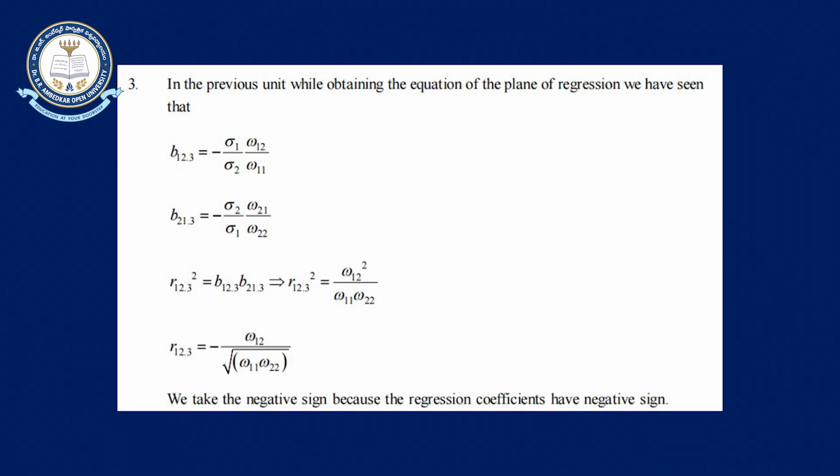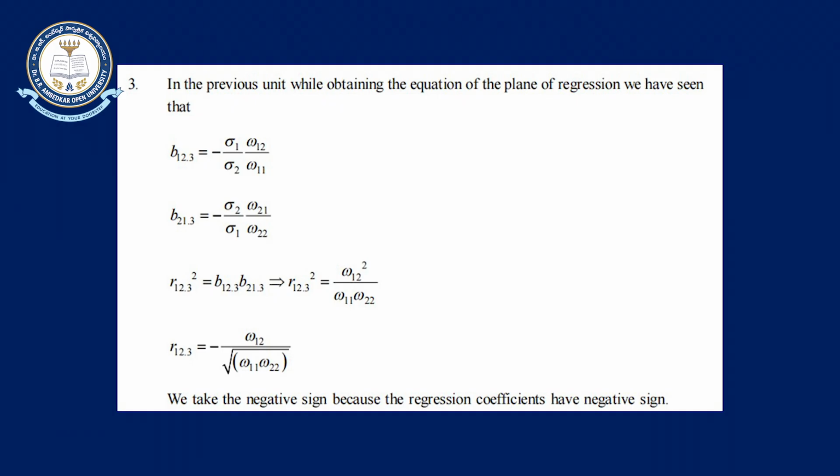B12.3 equals minus sigma 1 omega 12 by sigma 2 omega 11, and B21.3 equals minus sigma 2 omega 21 divided by sigma 1 into omega 22, and R12.3 whole square equals B12.3 into B21.3.